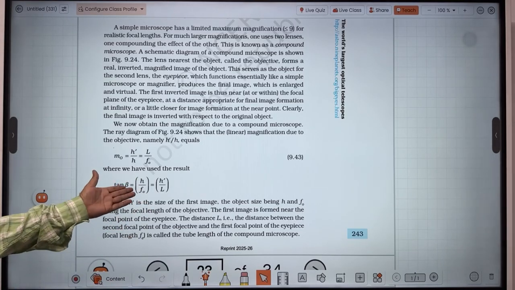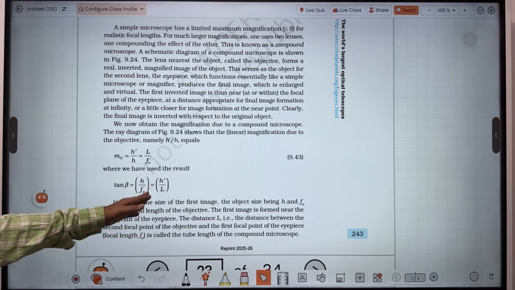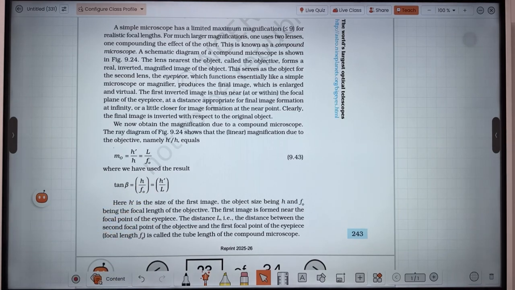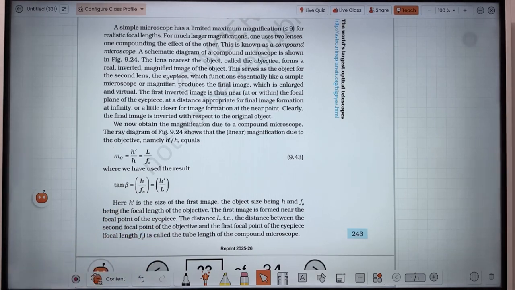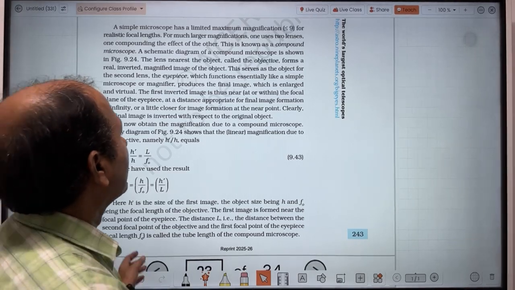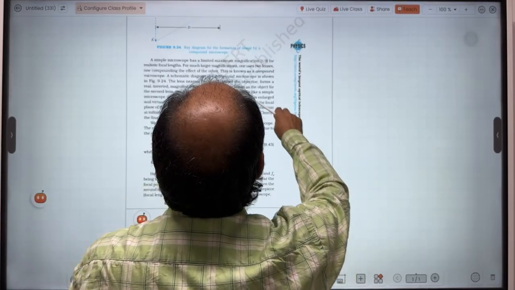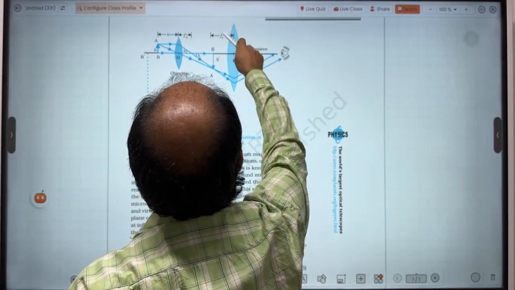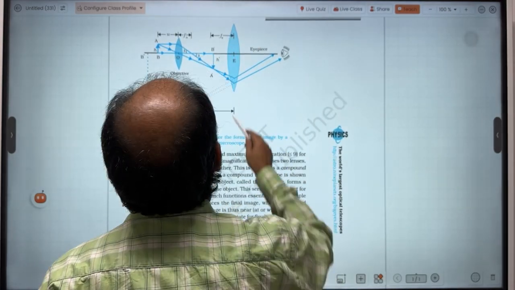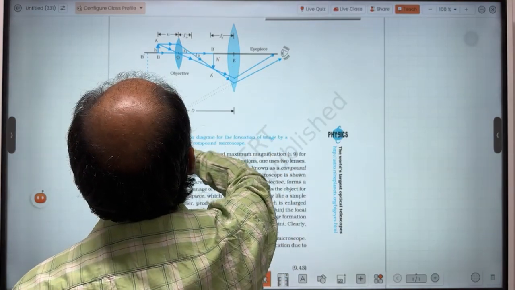We have used tan beta, as you know, h upon f(o) or h dash upon L, where h dash will be the size of the first image and h being the size of the object, and f(o) is the focal length of the objective. And now the same image will behave as the object for this eye lens, and then its final image will be formed here.